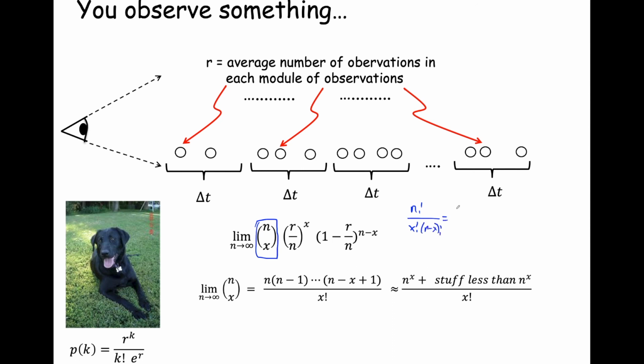Now, if we do this out, that's n times n minus 1 dot dot dot times n minus x plus 1 times n minus x factorial over x factorial times n minus x factorial. So the n minus x quantity factorials cancel, and we're left with n times n minus 1 times dot dot dot times n minus x plus 1 over x factorial.